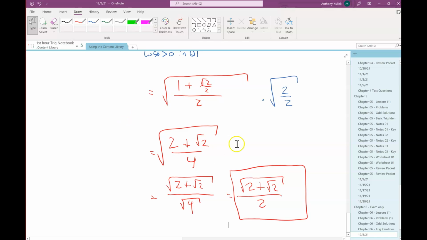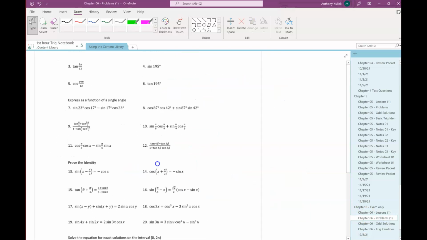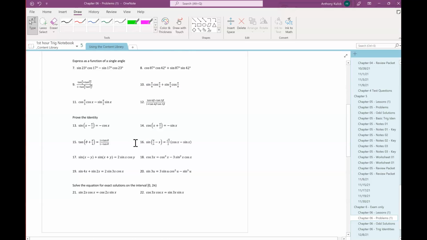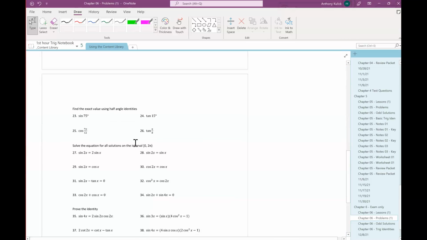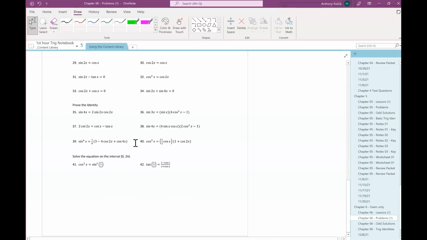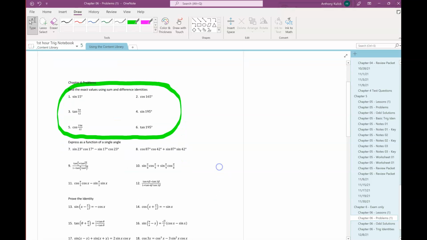Let's go look at the homework problems. If you were interested in doing the homework for this section as practice, I would say these ones would be reasonable to do.